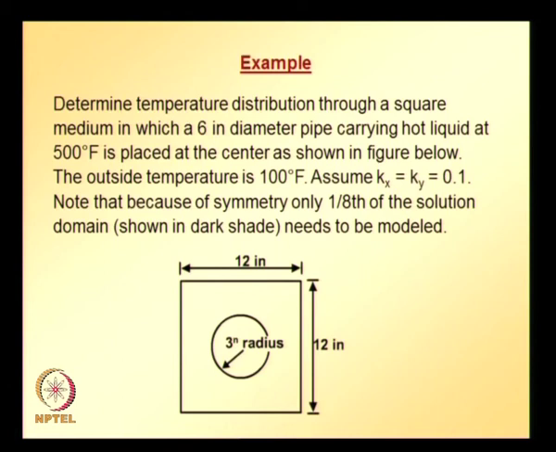And you can see here that in this problem we can take symmetry into account, and because of symmetry only 1/8 of the solution domain needs to be modeled. So, now let us look at the 1/8 model.